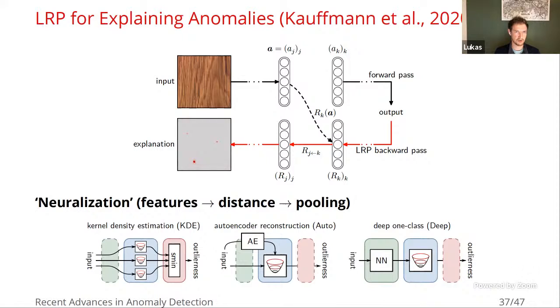And there, together with Jacob and Grégoire, we had some work on layer-wise relevance propagation for explaining anomalies, which is a method originally developed for supervised deep models that starts from defining the output as one unit of relevance, and then distributes the relevance back by specific rules that aim at linearizing the model at each individual layer, thus always finding the inputs that most explain the output, and then tracking this back to the pixel space.